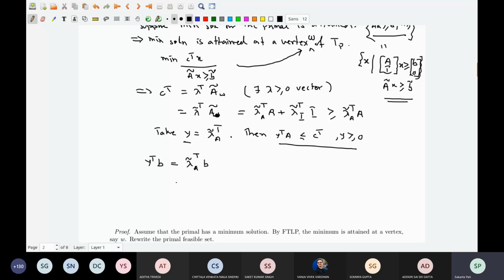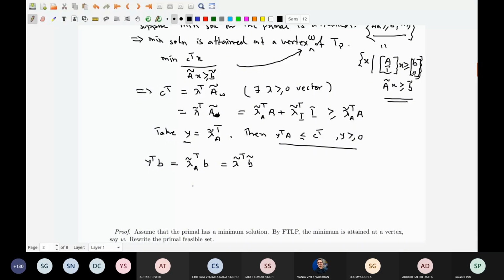Okay, this is equal to lambda tilde transpose b tilde. Now why are you writing this?